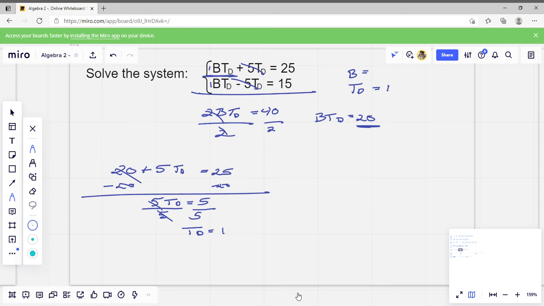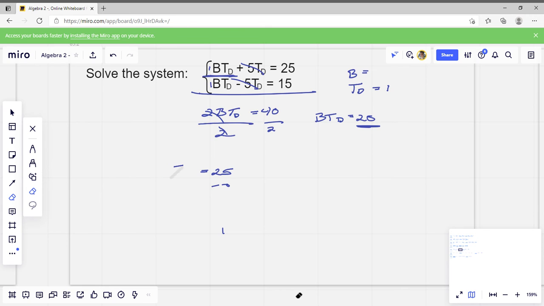Now I have to solve for b. And all we have to do is sub in 1 for our td value. So b times 1 would just be b, plus 5 times 1, which is just 5, so that equals 25.